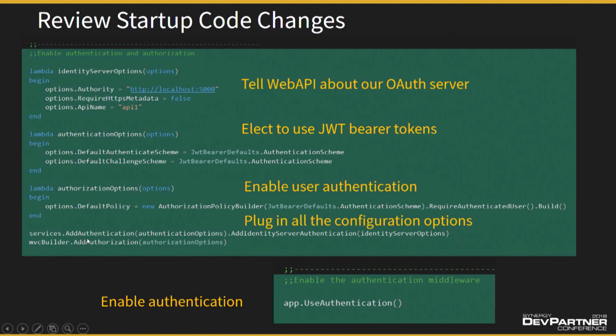And here we're adding an authentication service and an identity server service with all of these options into our environment, and adding authorization based on those settings. Okay? And then lower down, we've also got app.useAuthentication, which turns the whole thing on. So this is configuring services that do it all, and this is actually enabling authentication in the environment. I think this is in configure services, this is in the configure method.